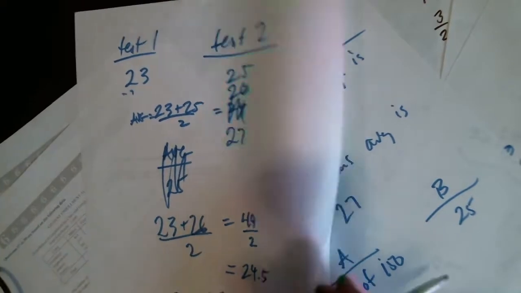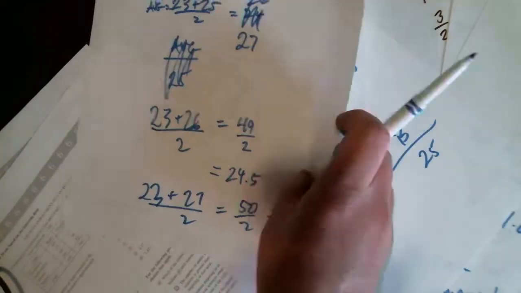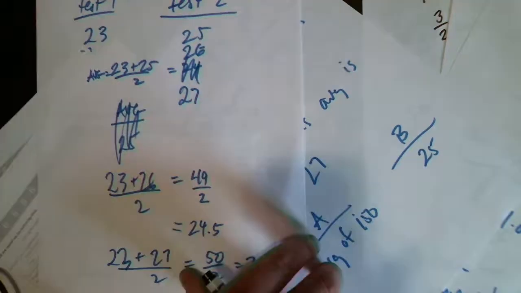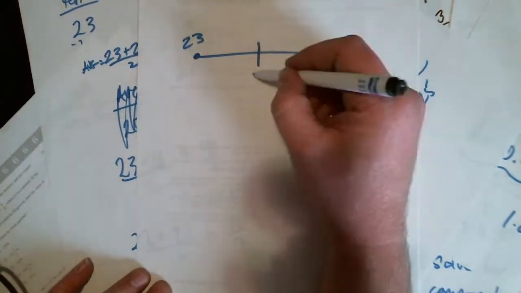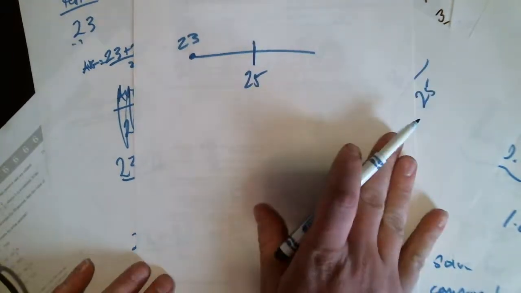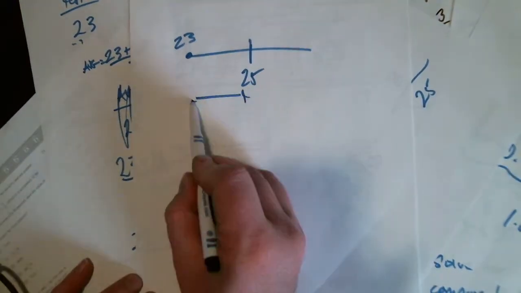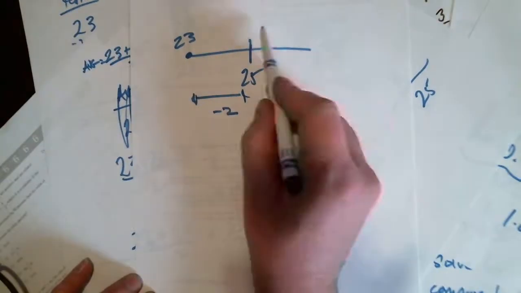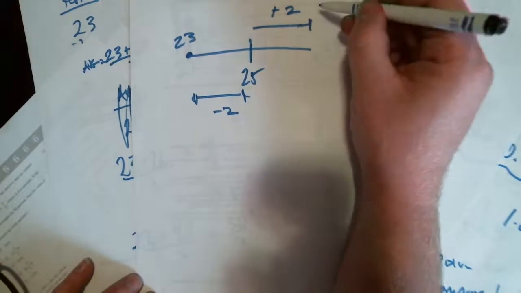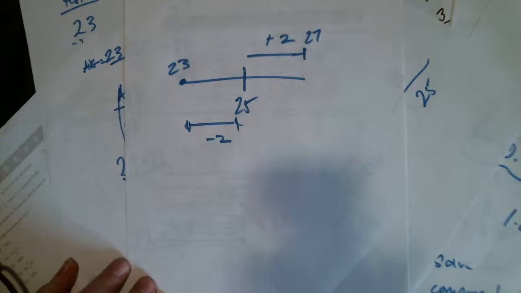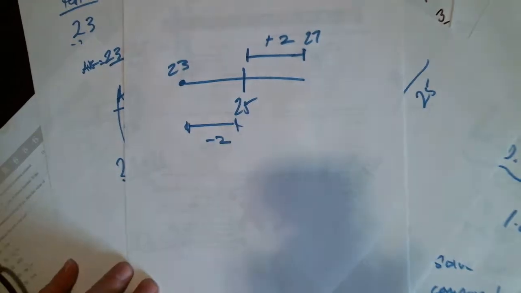And what's sort of happening here behind the scenes is that if I have 23 and my target is 25, then I've got to close this gap of minus 2 points by getting plus 2 points on my next test. So that's one way to think about it.